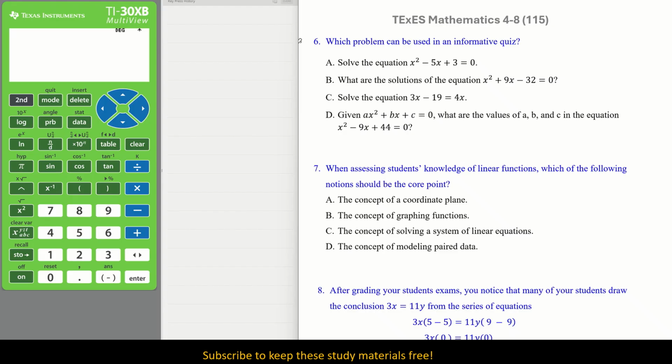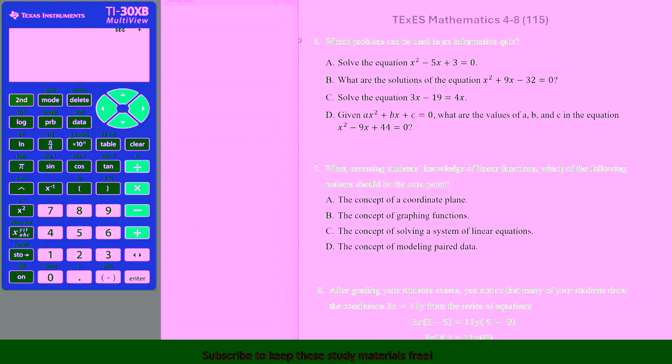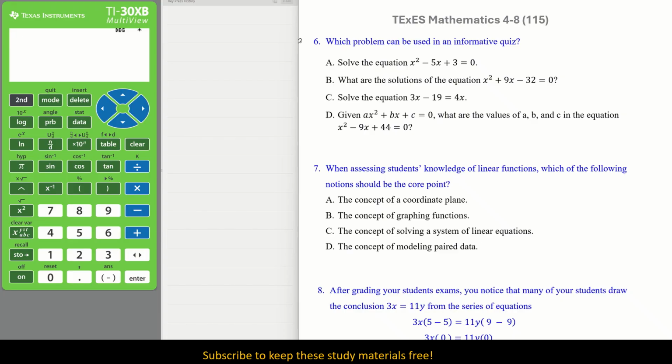Well, this is just like, can the student solve this? It doesn't give you more information. So let's look at B. What is the solution for the equation? Well, that's just the same as A. It's just worded another way. So I don't like that question.